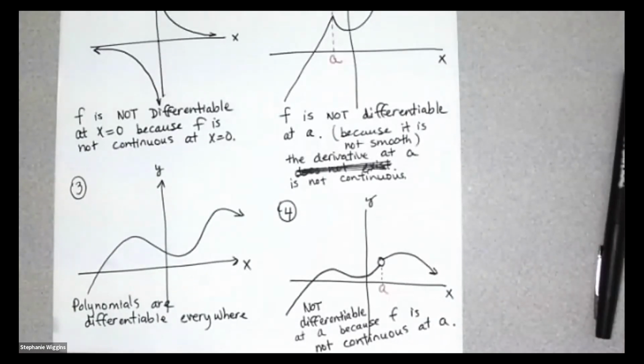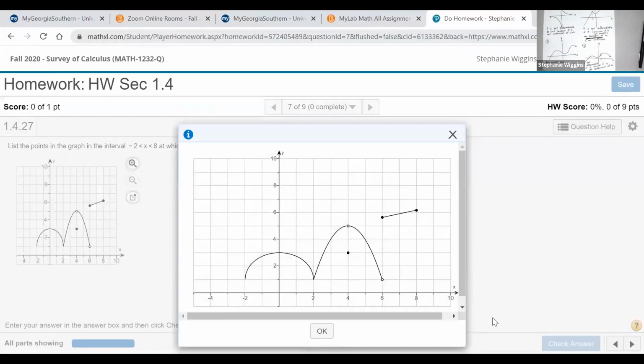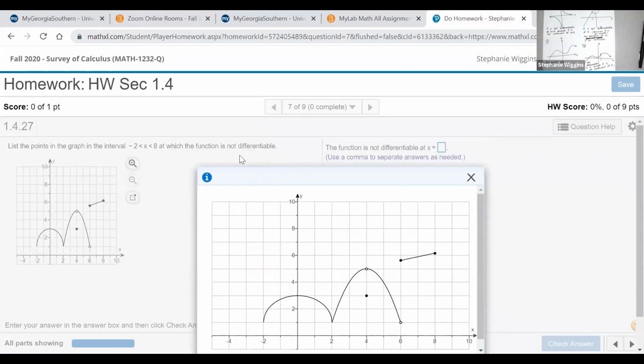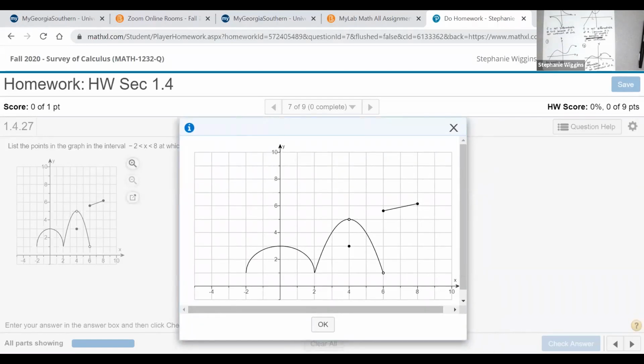So for your homework, let me just take a peek at that for a minute. The question says, list the points in the graph that are in this interval from -2 to 8 at which the function is not differentiable. So you can kind of see here from -2 to 8, it's going pretty good here.